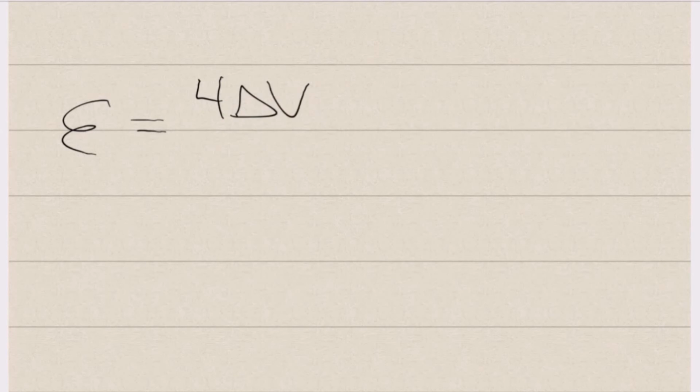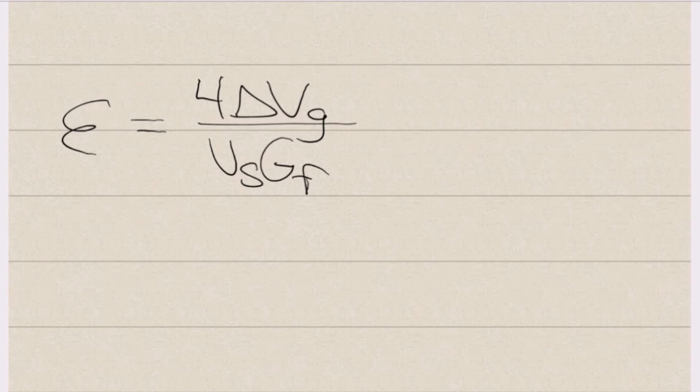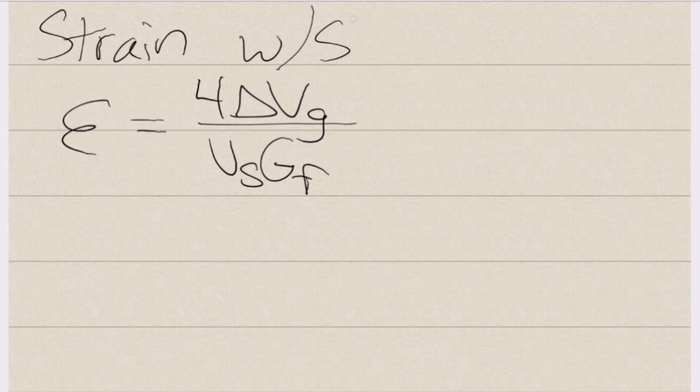The equation relating strain to delta VG is strain equals 4 delta VG all over Vs GF. So this is the strain in a strain gauge in a Wheatstone bridge.